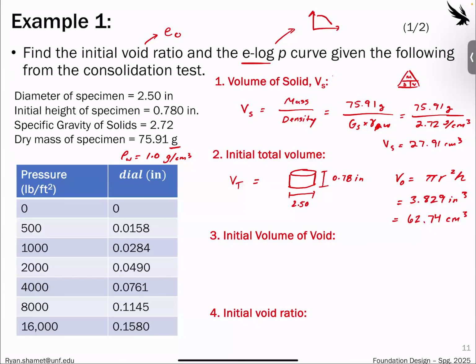So now let's find the initial volume of voids, which is just the total volume minus the volume of solid. So that's 34.83 cubic centimeters.